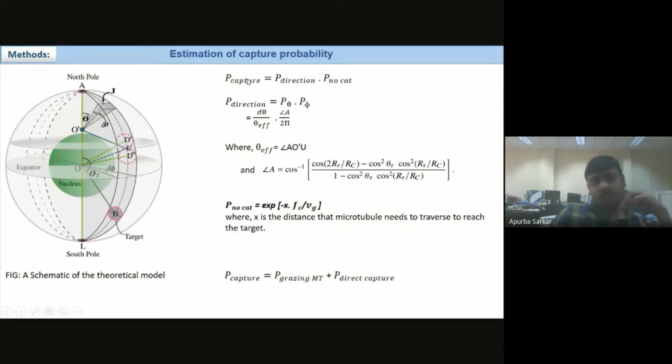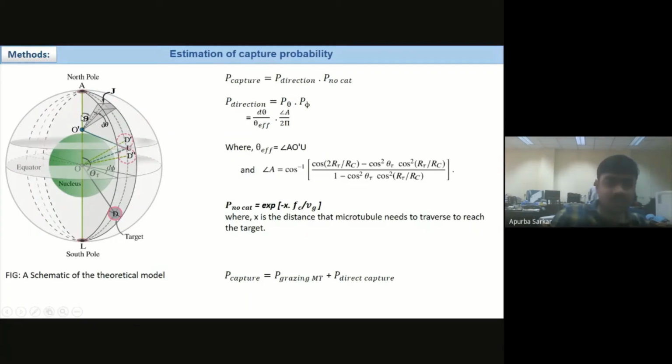So the capture probability is composed of 2 terms: P direction, which is the directional probability, and the probability of no catastrophe. Now P direction is a combination of 2 probabilities, P theta and P phi. Let's say the microtubule is nucleated within an angle theta and d theta, then P theta is d theta by theta effective.